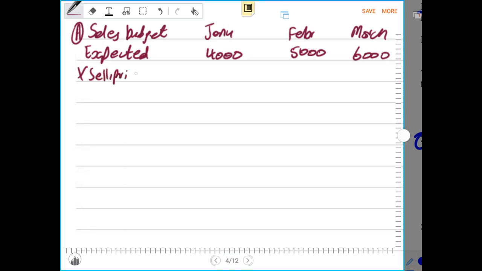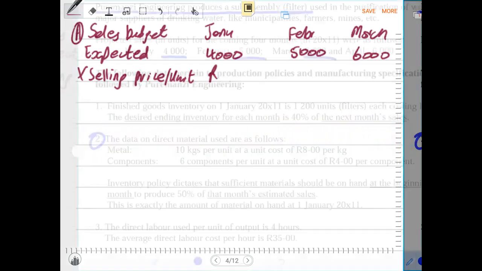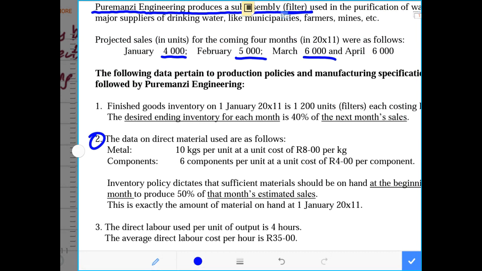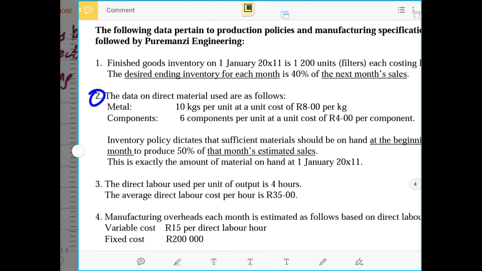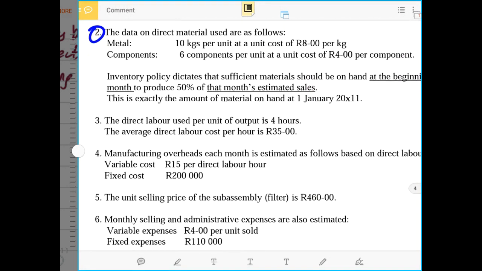And we multiply this by the selling price per unit. We have our selling price per unit as 460 Rand, if my memory still serves me. Let us just check the selling price that was given to us.